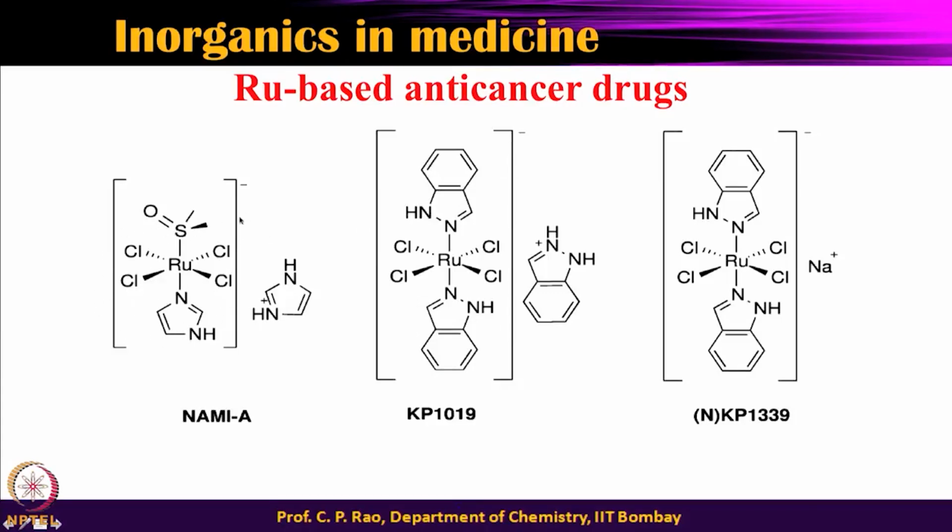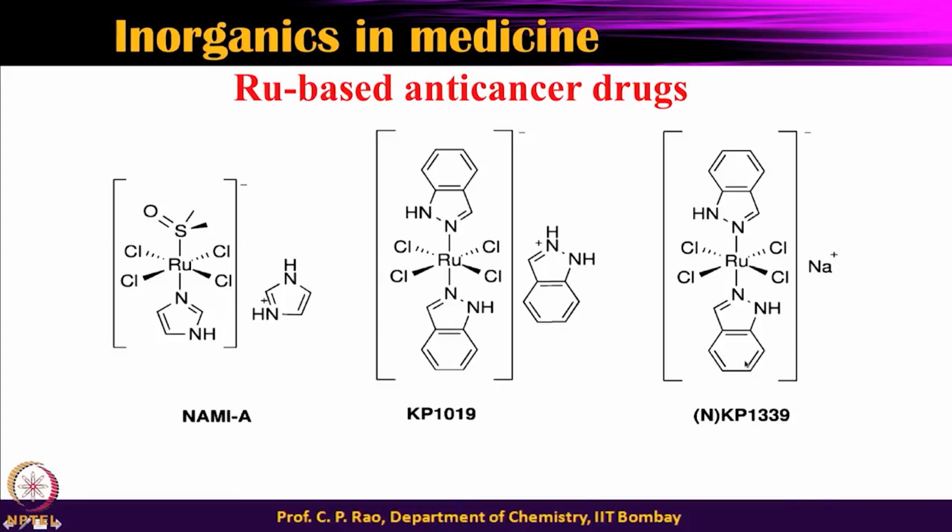You see that ruthenium based, kind of an anion. So, you have a counter cation, imidazolium, ruthenium 3, 4 chlorides, etc. Again, instead of imidazolium, benzimidazolium kind of a thing, diazole kind of cation, or you can have sodium.